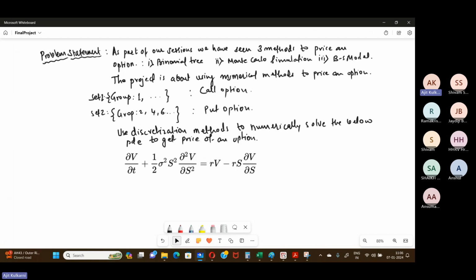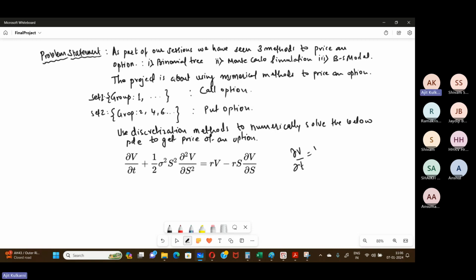For example, if I give you this equation, what can you do with it? There is a discretization scheme, right? So there is something called as dou v by dou t. How can you write this?